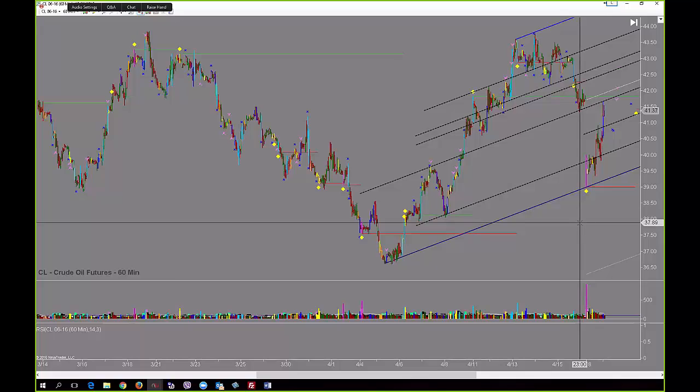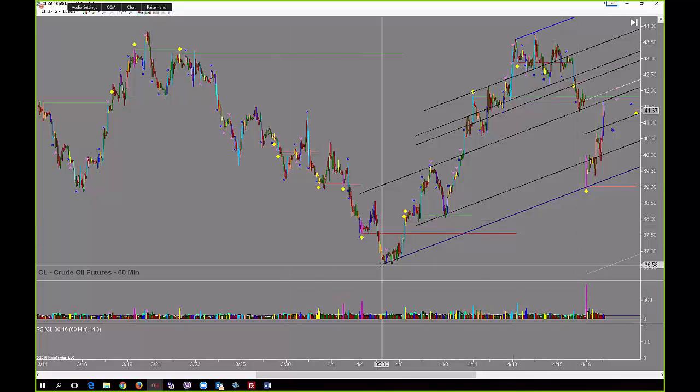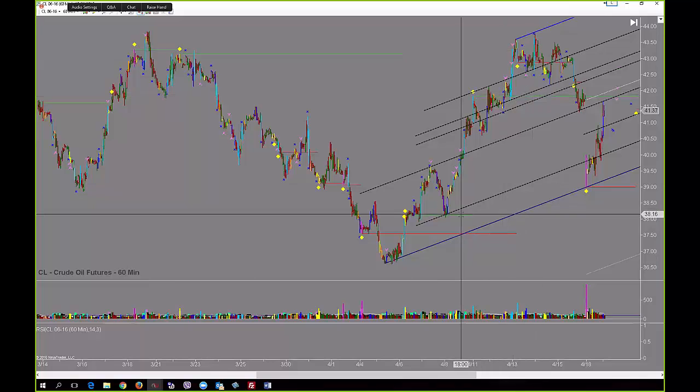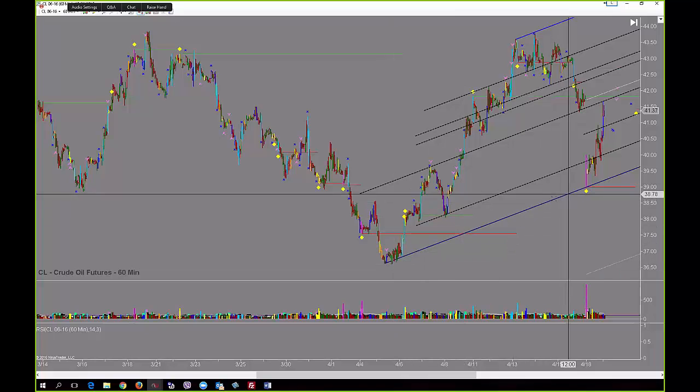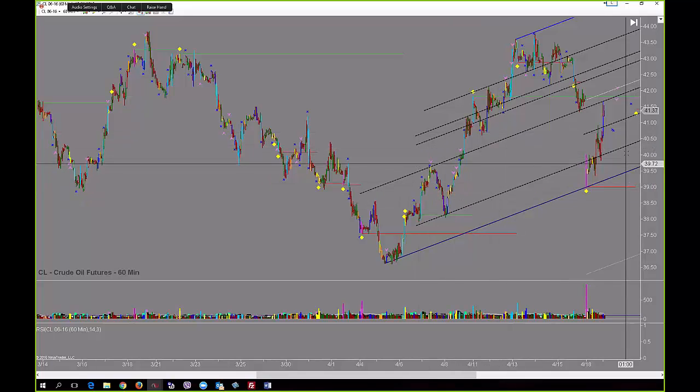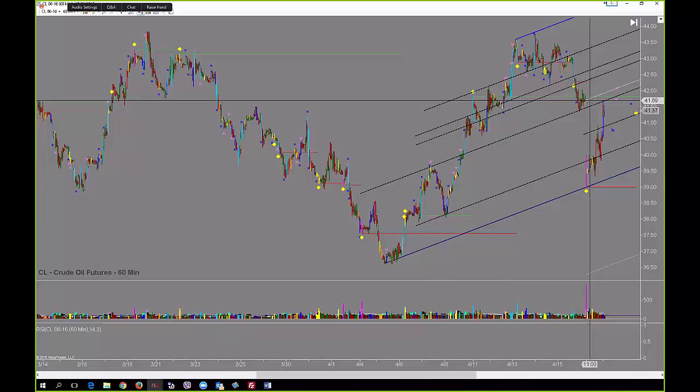Just because you've had a scream to the upside doesn't mean that in the future you don't come back and revisit previous swing lows and then draw a trend channel off it. You draw your trend channel, then you copy in the angle of the market, and then you start moving it around. I know we'd be at this point in the future, but did this market slope show that it was actually working?